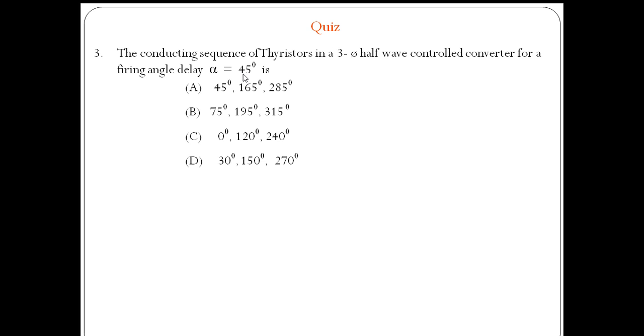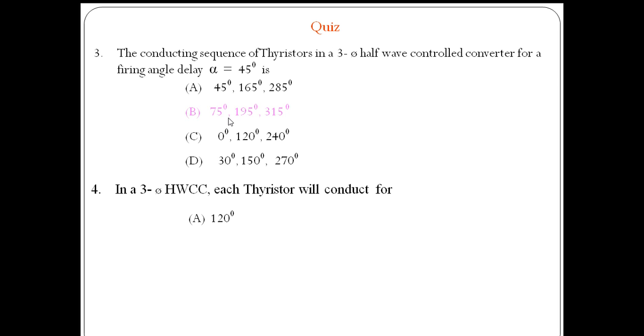So it is from 30 plus 45, 75 degrees, plus 120, 195, plus 120, 315. So option B. In the three-phase half-wave controlled converter, each thyristor will be in conduction for a duration of 120 degrees.